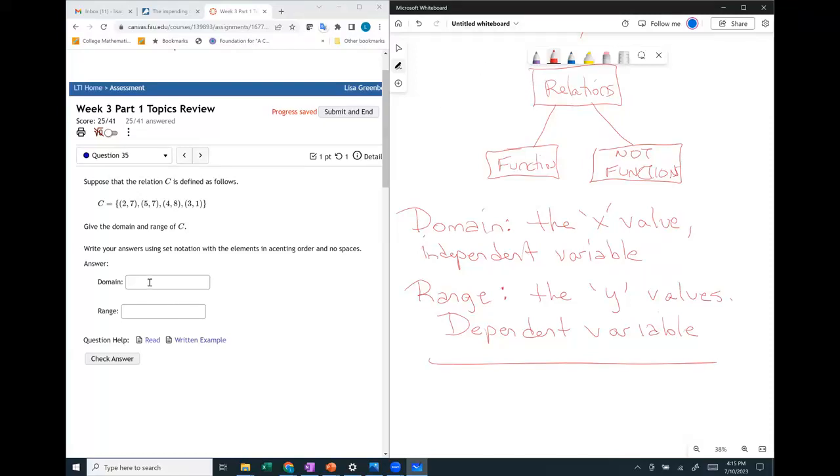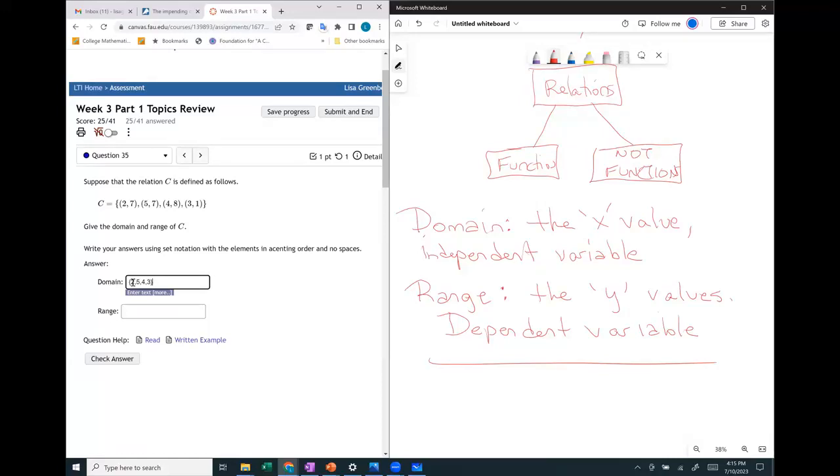It says answer with set notation. Set notation always has curly braces, so I'm going to put the curly braces in and then put stuff between them. My x values are 2, comma, 5, comma, 4, comma, 3.